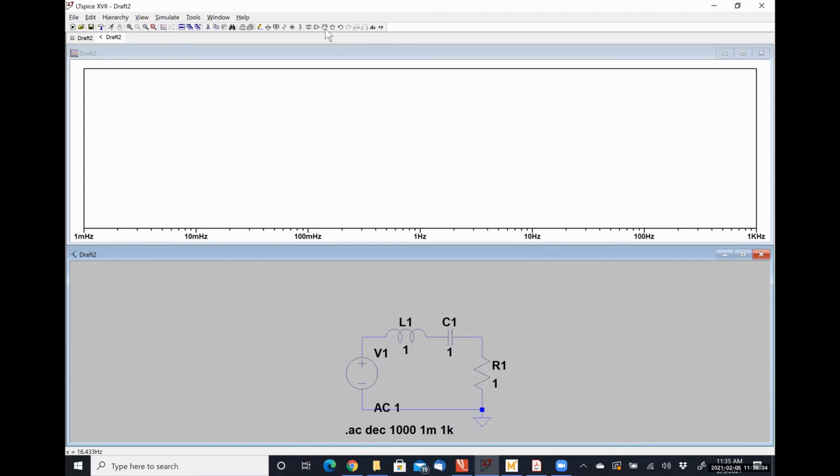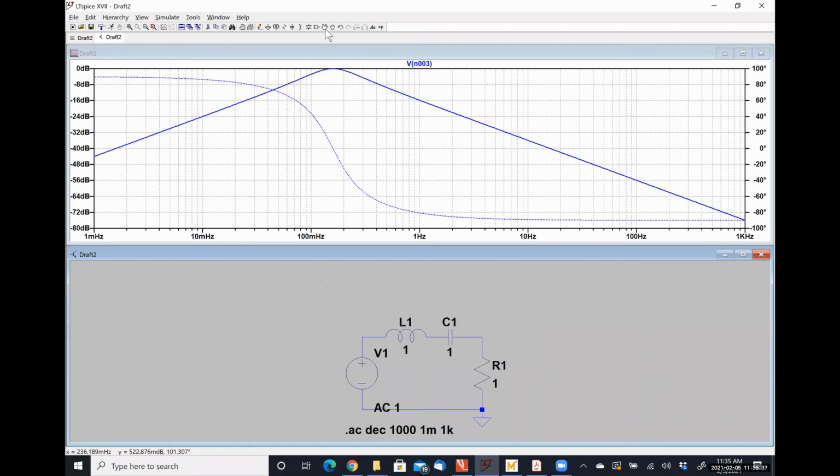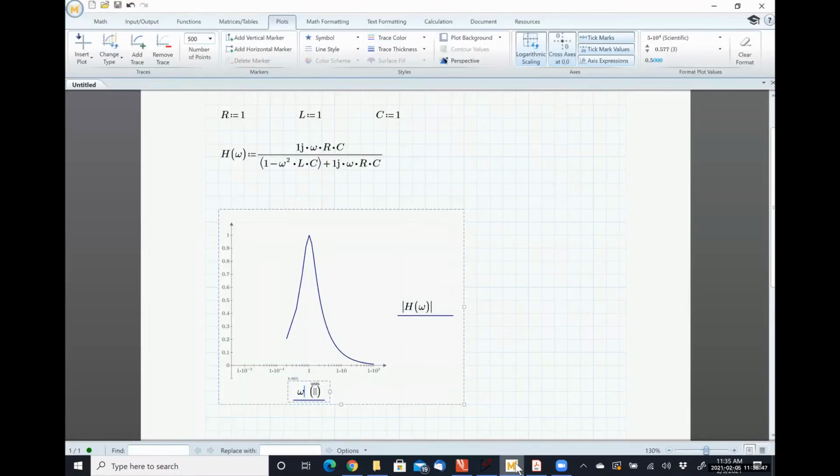The center frequency of this guy, we can easily see is not 1 hertz, which is what we're getting on our Mathcad screen. It's because, again, LTspice does everything in terms of frequency. So we need to correct this by putting a factor of omega over 2 pi.